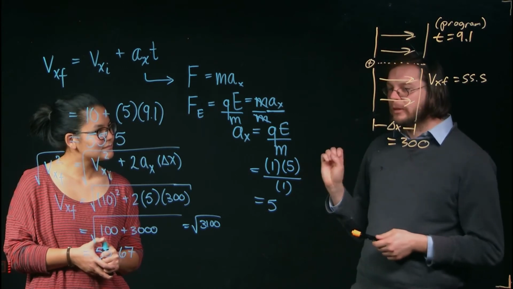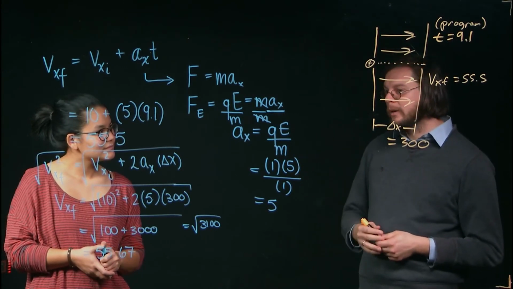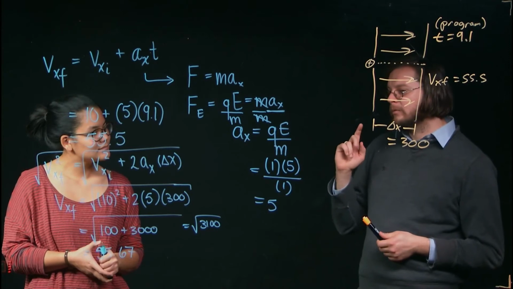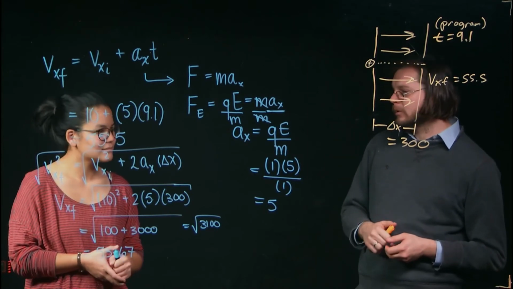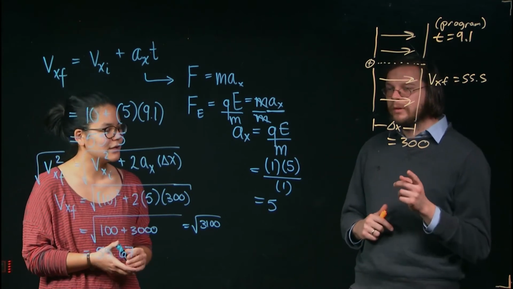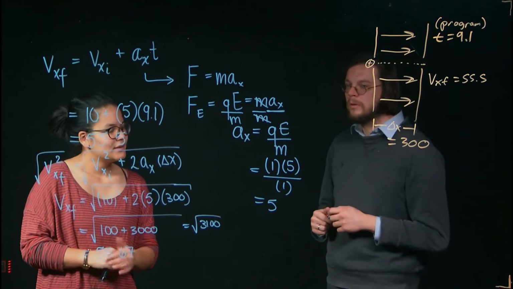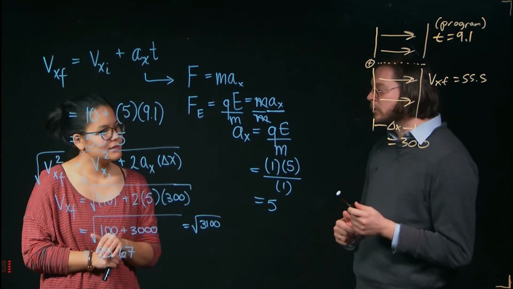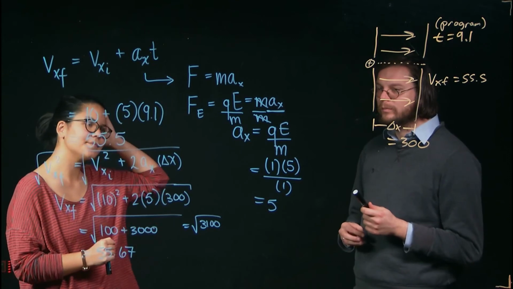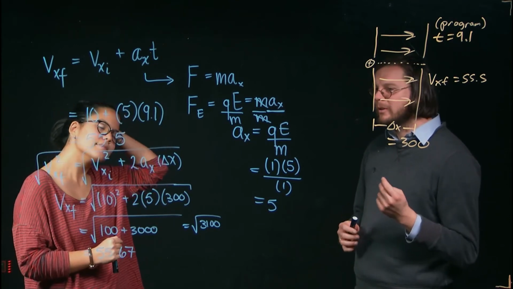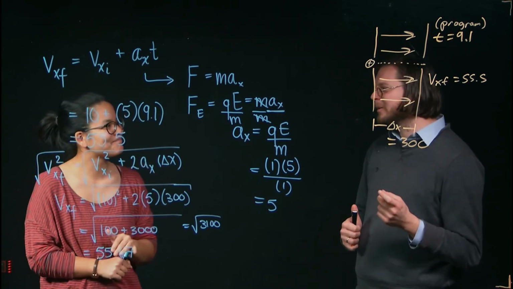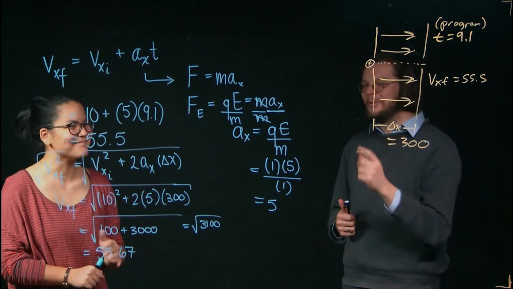Now what we can do is try to predict what we will get if we change the charge or change the mass, things like that. I believe the activity asks us to increase the charge from 1 to 2, which is a little weird because there does not exist a particle that has an actual charge of 2 and a mass of 1.